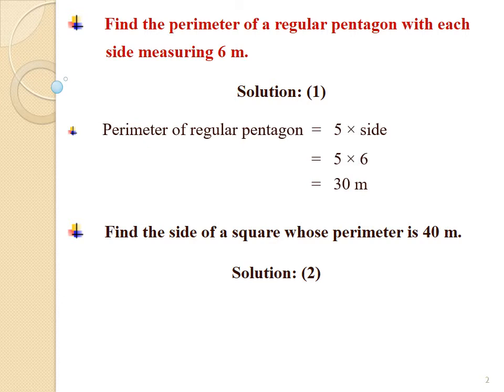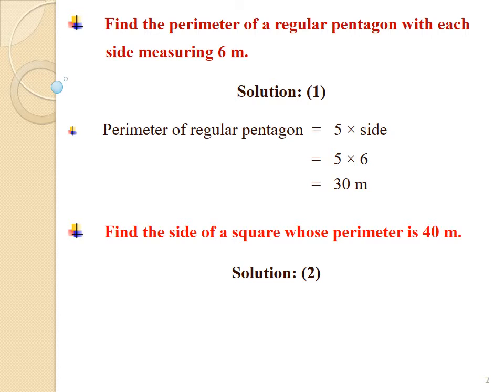Now, question number 2. Find the side of a square whose perimeter is 40 meters. Students, in this question, we have to find out the side of a square.